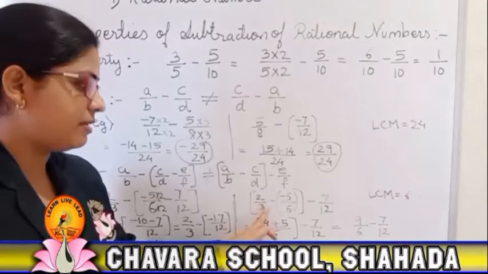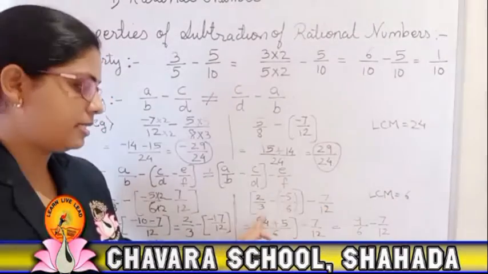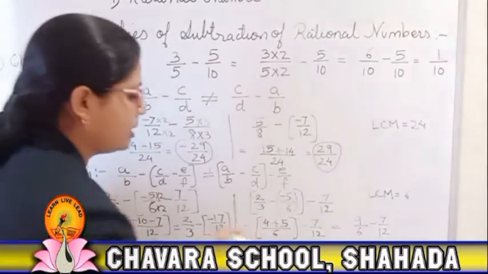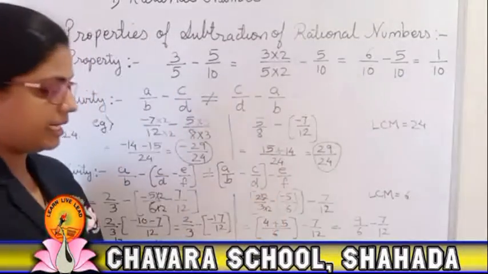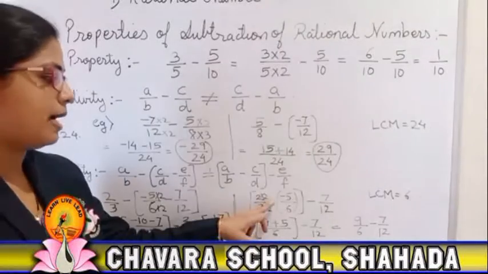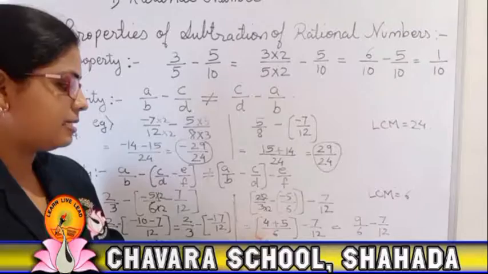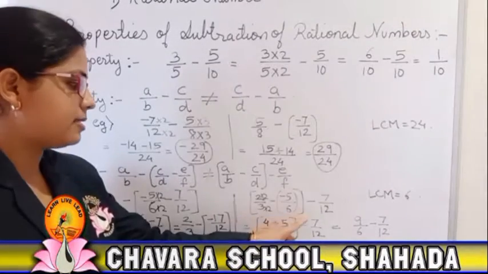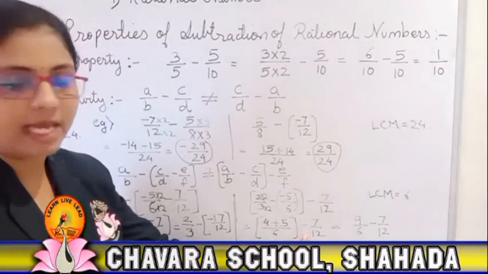So first we find the LCM, and that is 6. We multiply here by 2 so that we get 6 in the denominator. So 2 twos are 4, and this minus minus becomes plus 5, and then 6 here. Next, 7 upon 12 will be as it is.